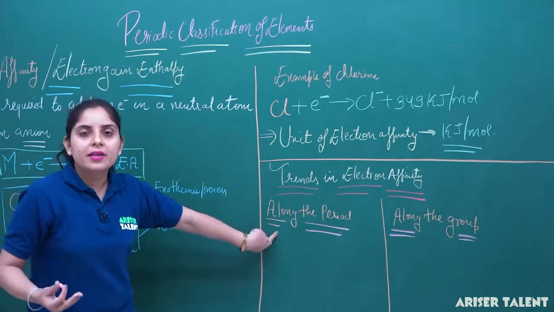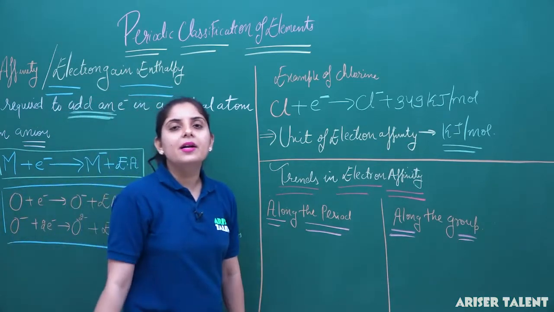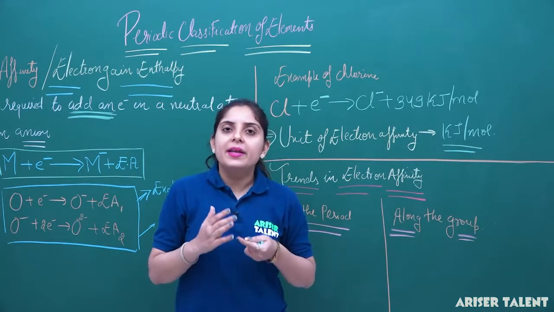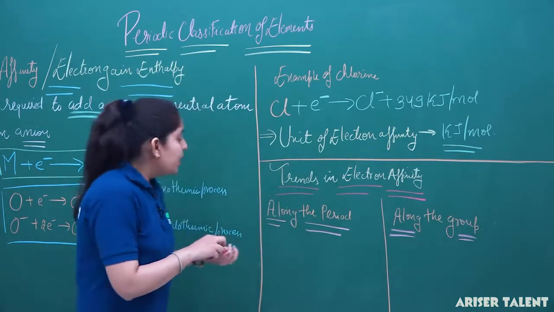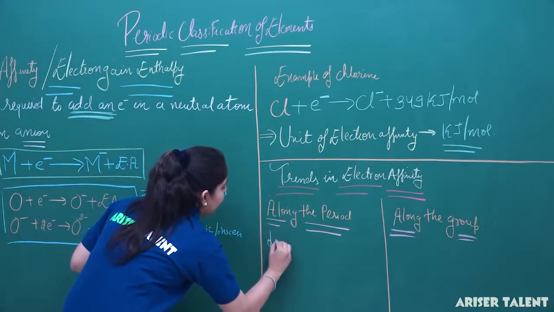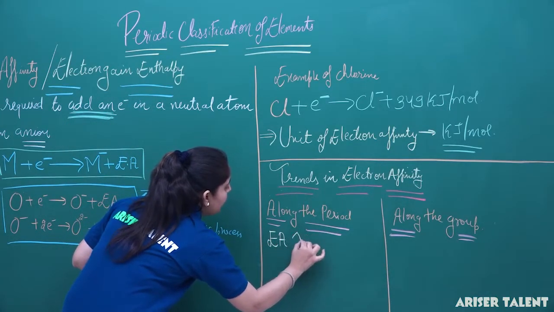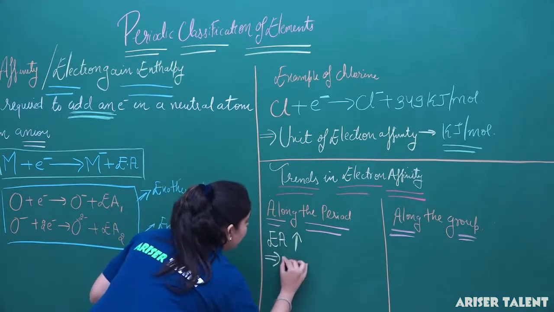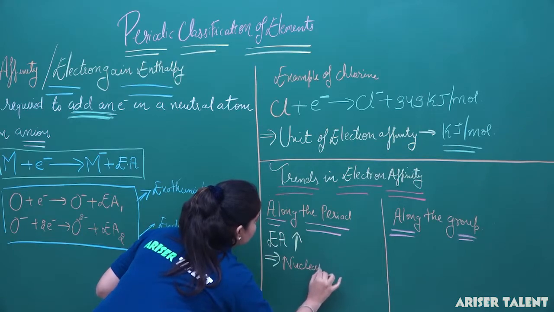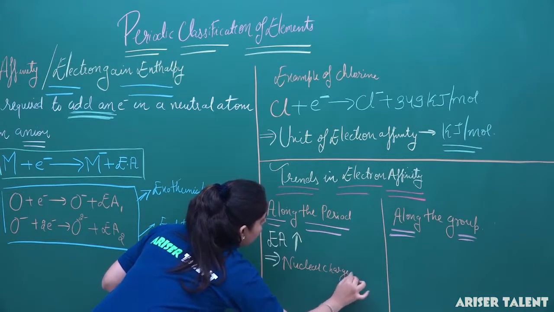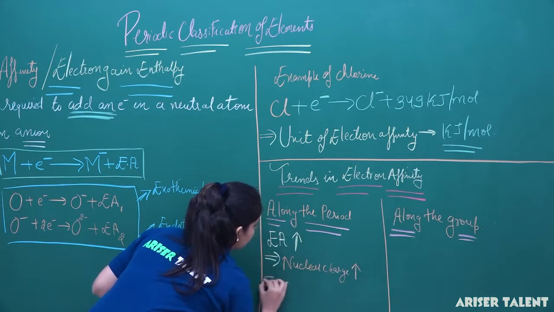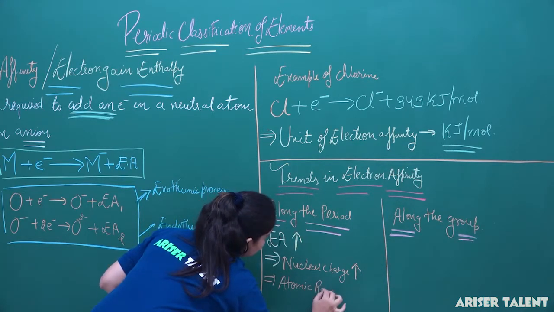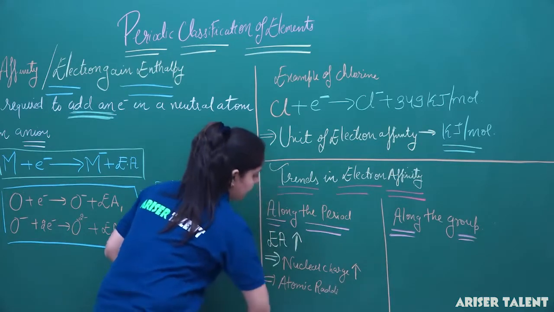Why is it increasing along the period? Because along the period the effective nuclear charge increases and atomic radius decreases.